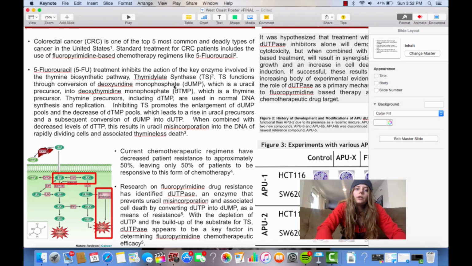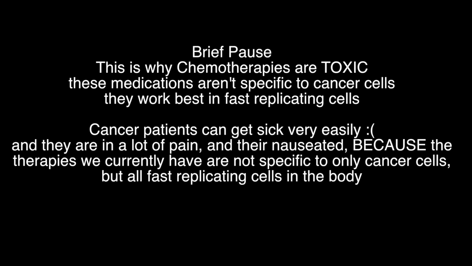So if you have a whole bunch of uracil building up in the cell that's trying to replicate its DNA, eventually it will start to incorporate that uracil into the DNA as the cells replicate.